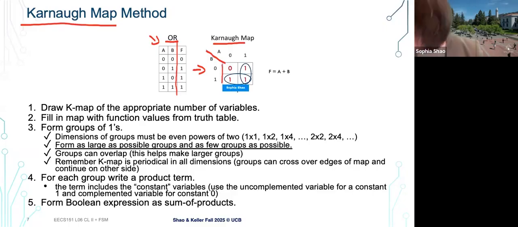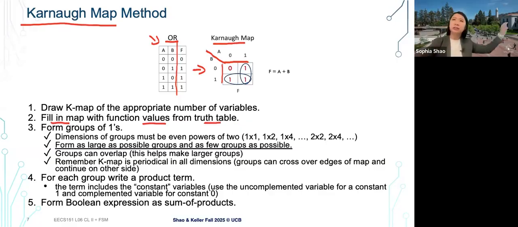And the output is populated in the table, or in the map, right? So the entries of this map are basically the output. Here we're filling the map with values from the truth table. So the inputs are used as indices, either row or column indices, and the outputs are entries of the table.